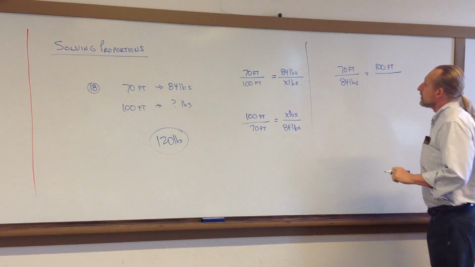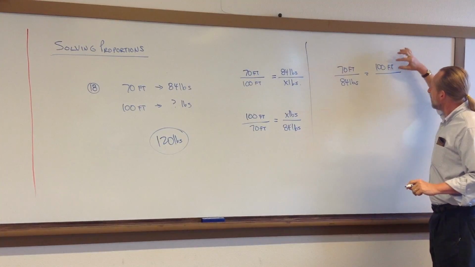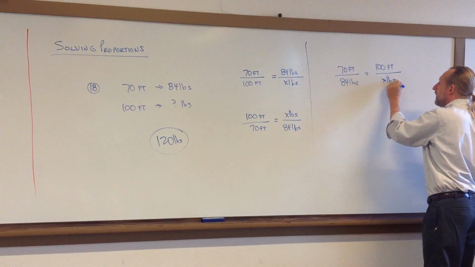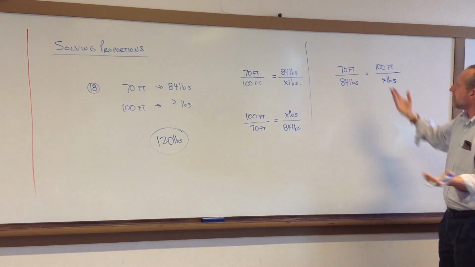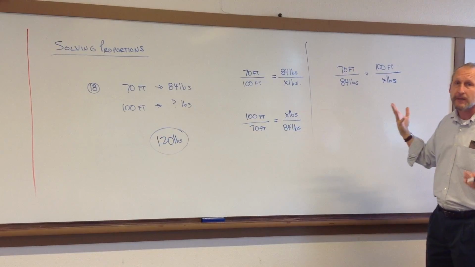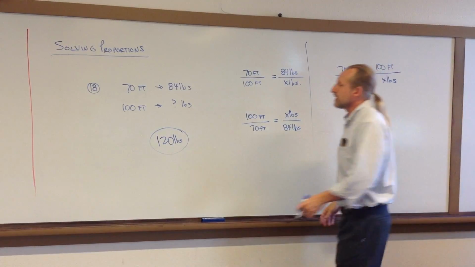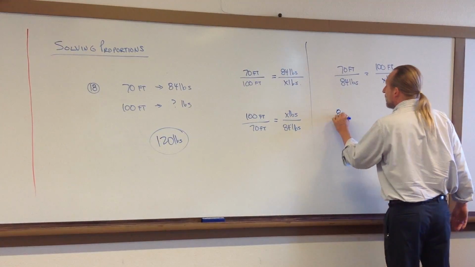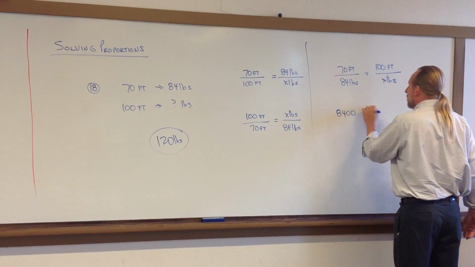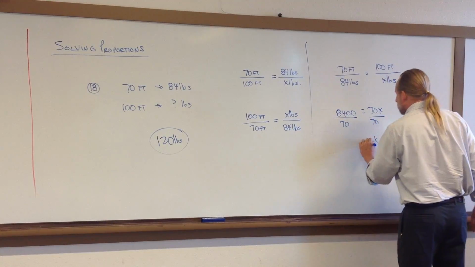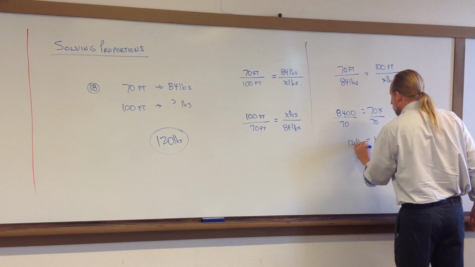And so again, notice I had to be careful to match the feet up with the feet, and then I've got the pounds matched up with the pounds. And here you can see we get the same rule of 3 solution, 100 times 84 divided by 70, and so that's still going to give us that 120 pounds. If we do this algebraically, we'll have 8400 is 70x, and we divide on both sides by 70, and there's our 120 pounds.